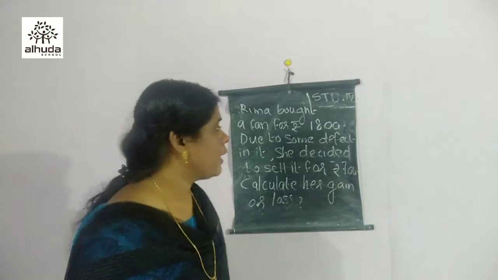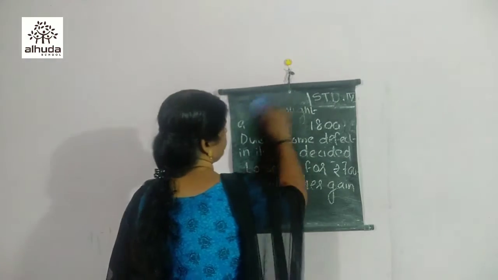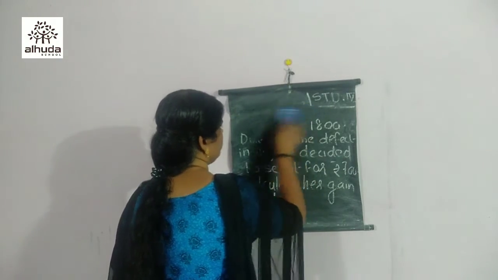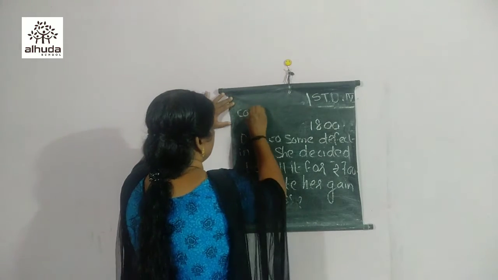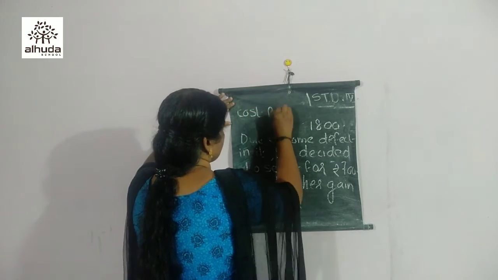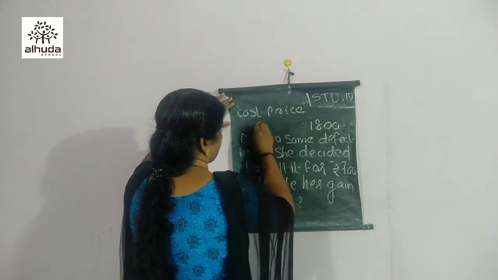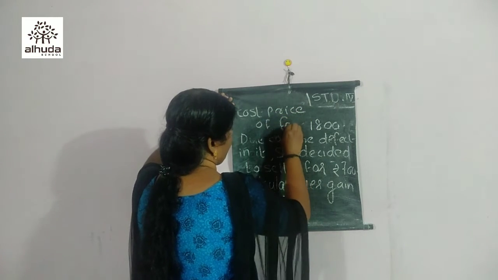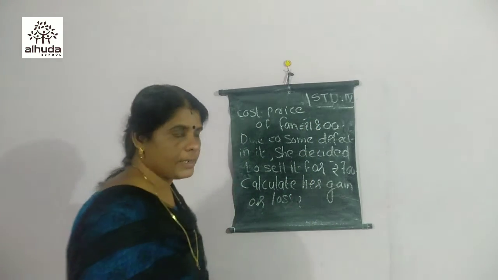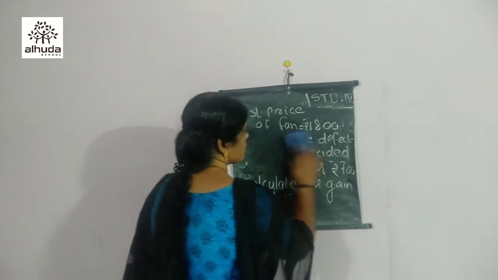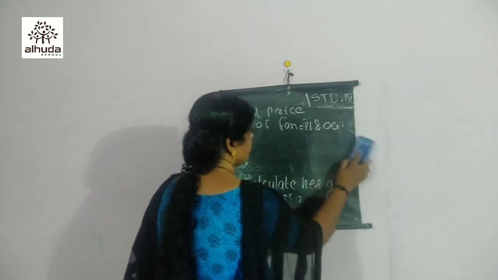So first we write the cost price. Cost price of fan is equal to rupees 1,800. What is the selling price? Rupees 700.